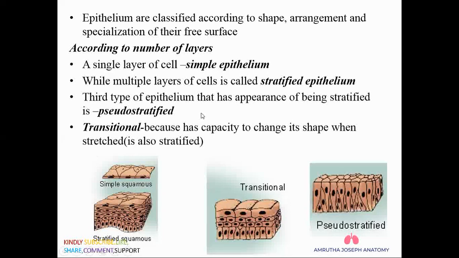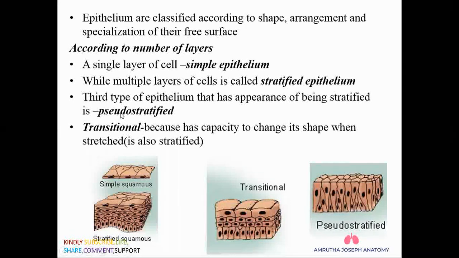And the other one is pseudo stratified. This term is very interesting. Pseudo means false. So it is a false stratified epithelium. In other words, it looks like stratified epithelium, but it is not stratified epithelium. This is pseudo stratified epithelium.